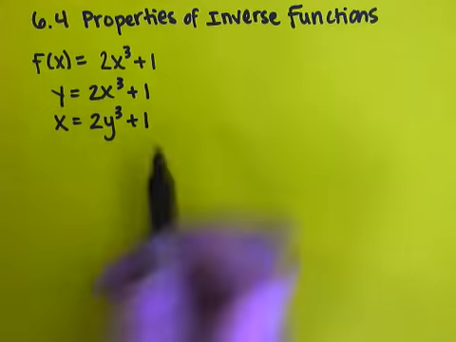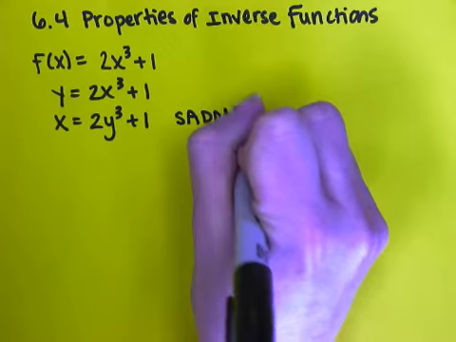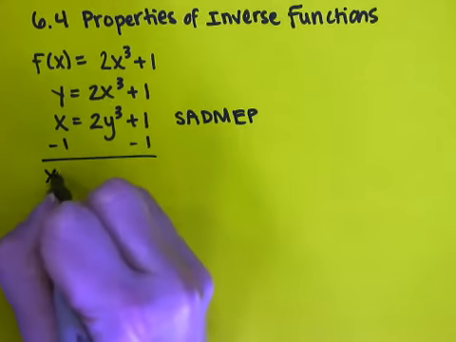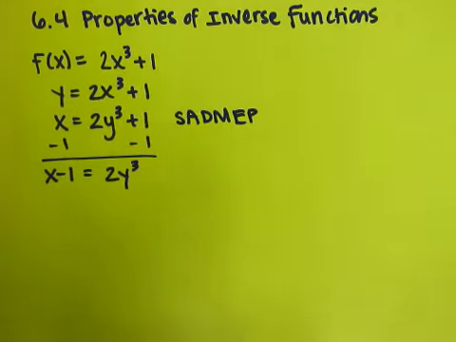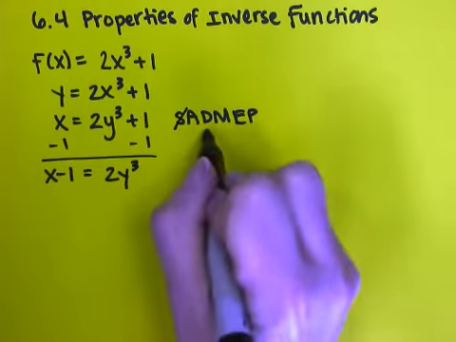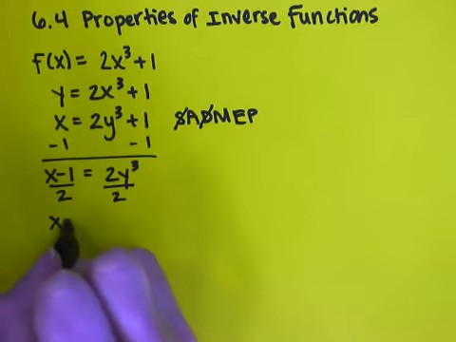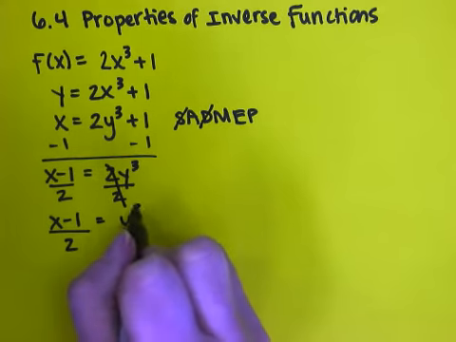To get y by itself, I'm going to use SADMAP again, or PEMDAS backwards. I can subtract 1 from both sides, so I get x minus 1 equals 2y cubed. After I subtract, I need to divide both sides by 2. So I get (x minus 1) over 2 equals y cubed.